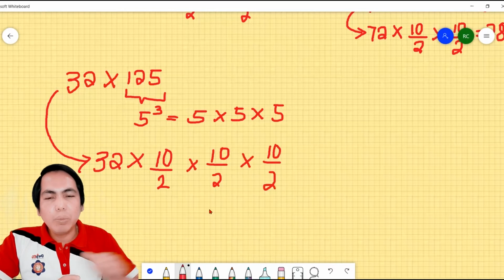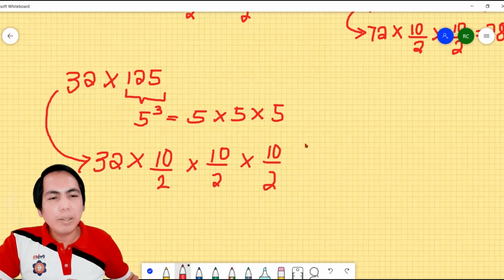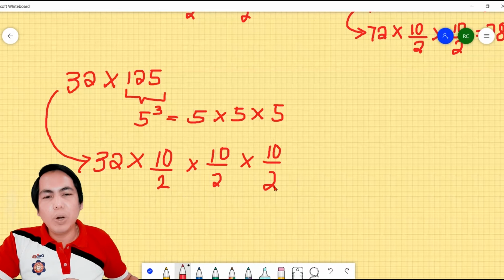Before we multiply 32 times 1,000, because 10 times 10 is 100, times 10 is 1,000, and then divide by 2 times 2 is 4, times 2 is 8, we can divide 32 by 8 first and then multiply it by 1,000. So 32 divided by 8 is 4. 4 times 1,000 will give us 4,000. So 32 times 125 is 4,000.